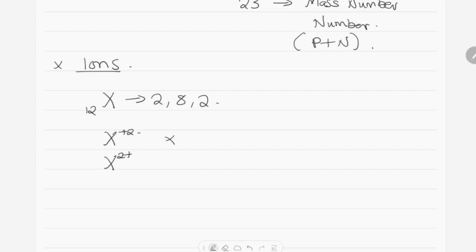If it is an anion, let's use oxygen. Oxygen with an atomic number of 8. Electronic configuration is 2,6.